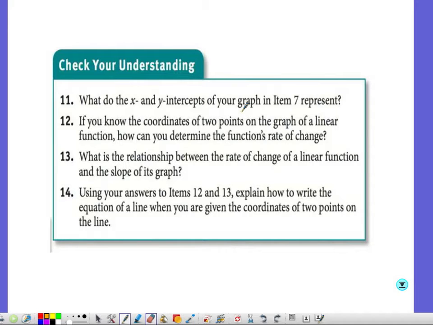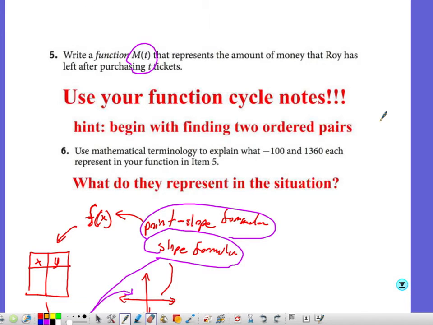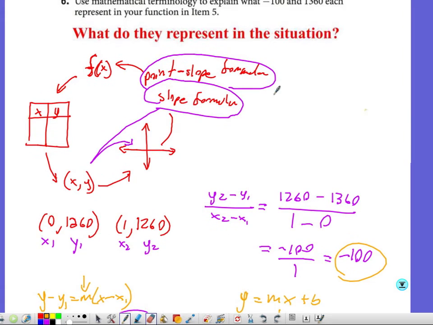Question 12: if you know the coordinates of 2 points on the graph of a linear function, how can you determine the function's rate of change? Remember, rate of change is basically the same as slope, and this goes directly from your function cycle. If you have 2 ordered pairs, we use the slope formula to find our slope.